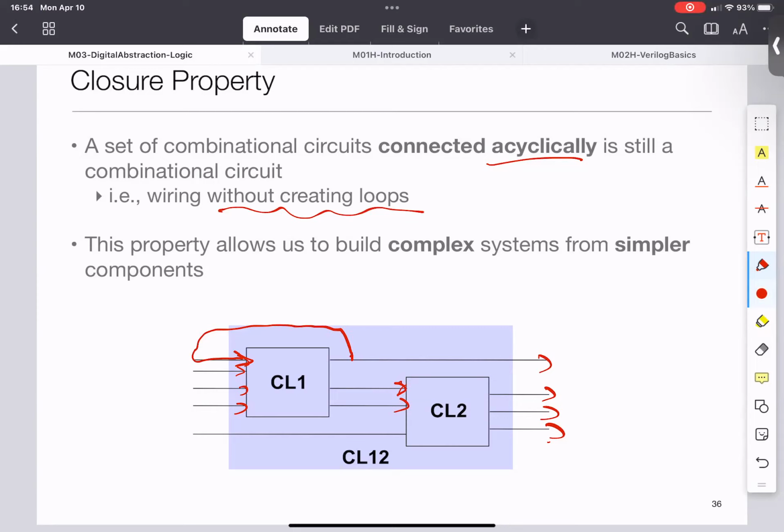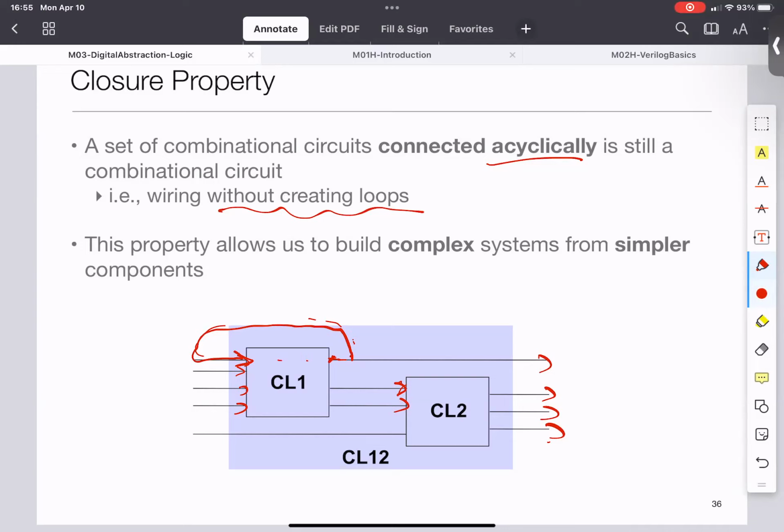That is, if I can start from a point and travel, come back to the same point through only combinational logic modules, then there is something deeply wrong. Now, I don't want to say no one designs systems with loops. There are some very carefully designed systems where loops are present, but in normal design you will not encounter them.